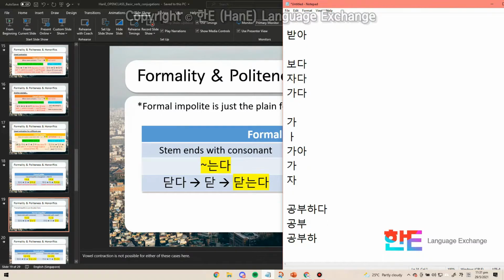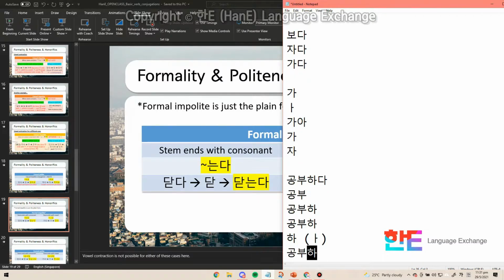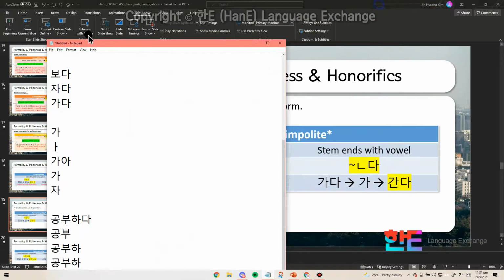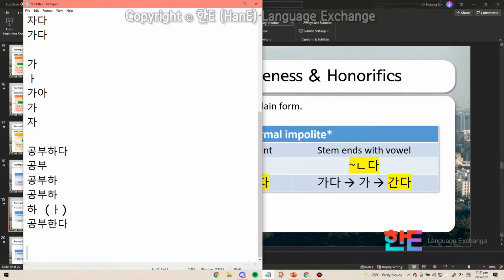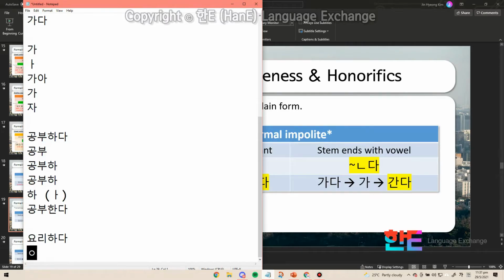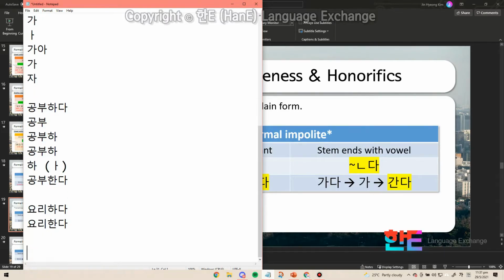So it gives us 공부하. And because 하 ends with a vowel, we're just going to add 한다. Another case, 요리하다, 요리한다. 공부, I've already done that. 운동한다.